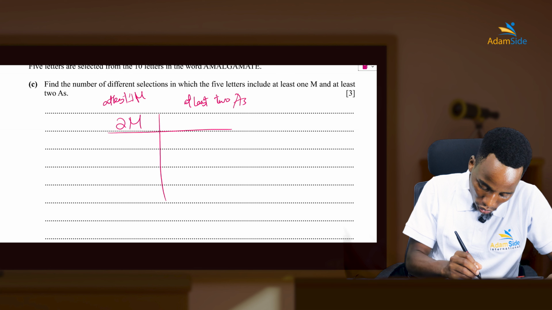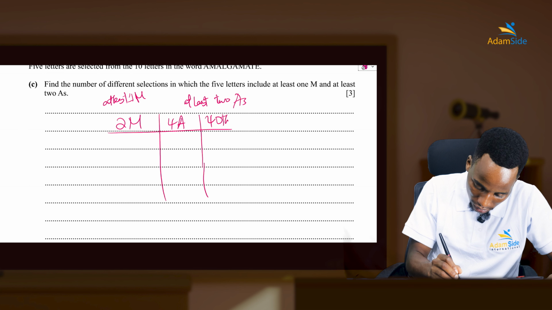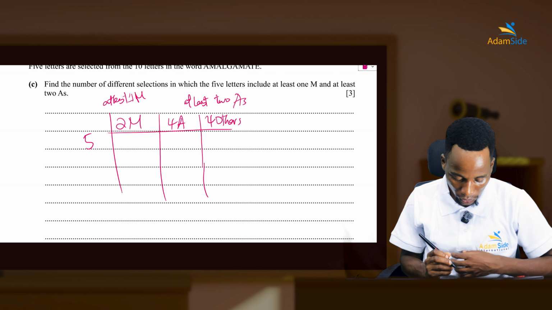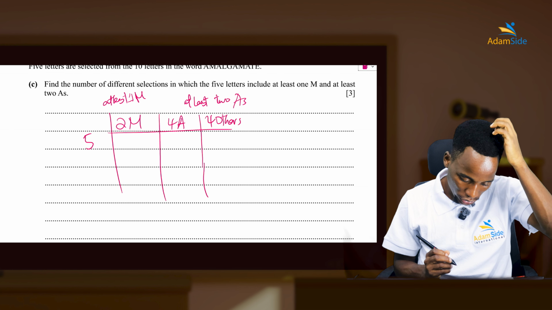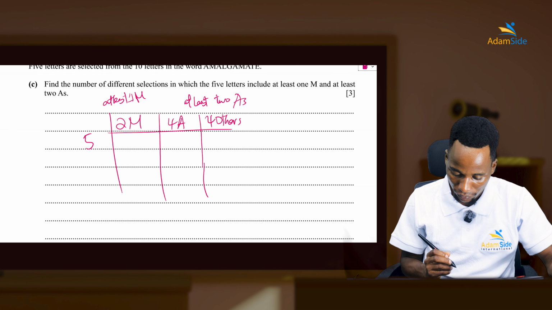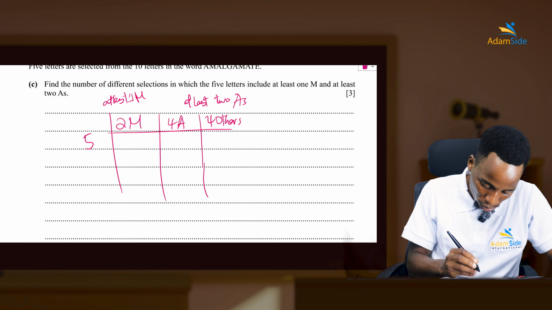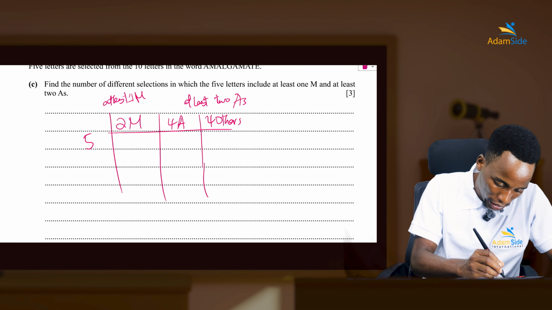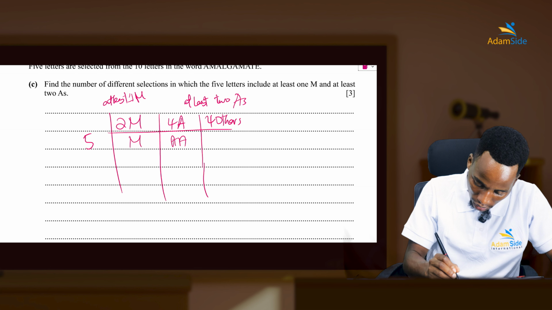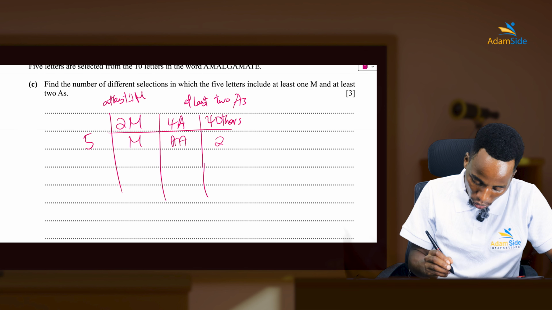We have to draw the box: 2 M's, 4 A's, and the 4 others. Okay, we need at least 1 M and at least 2 A's. To make 5, we can choose 1 M, 2 A's, and then we'll need 2 more.